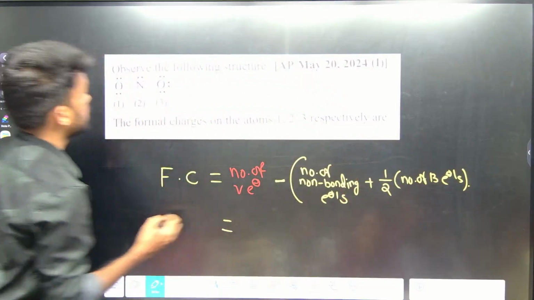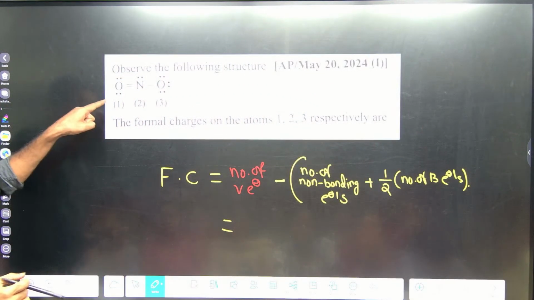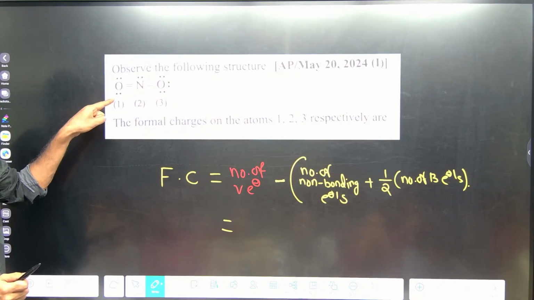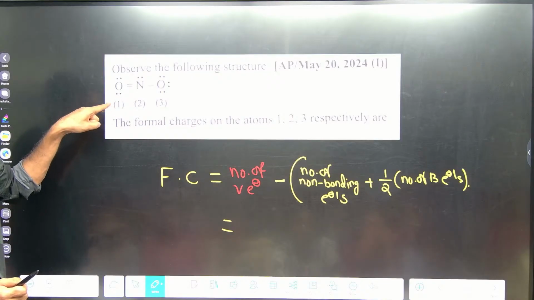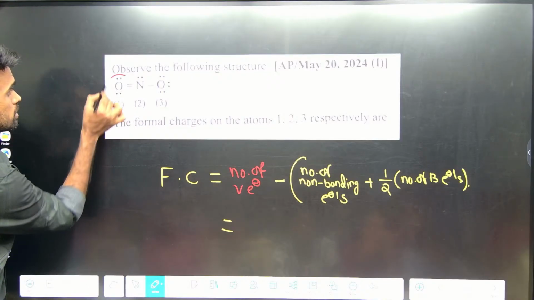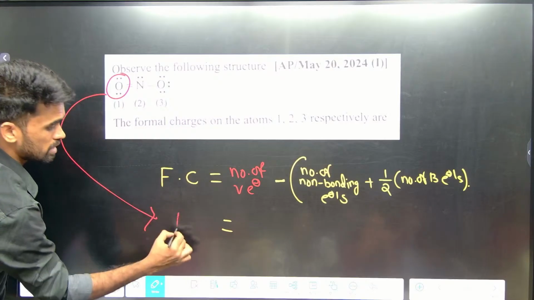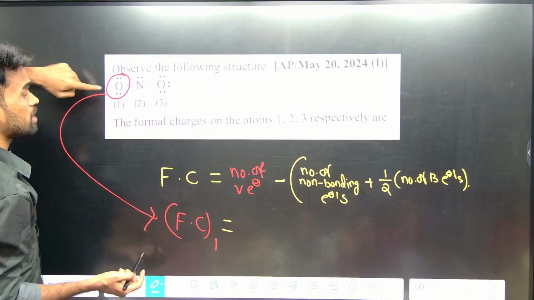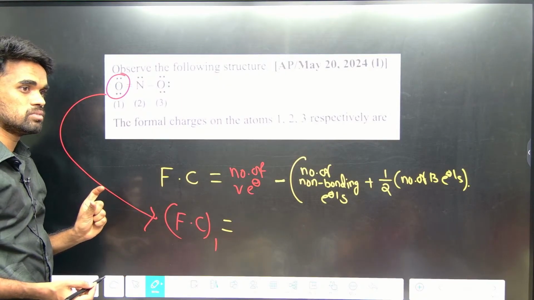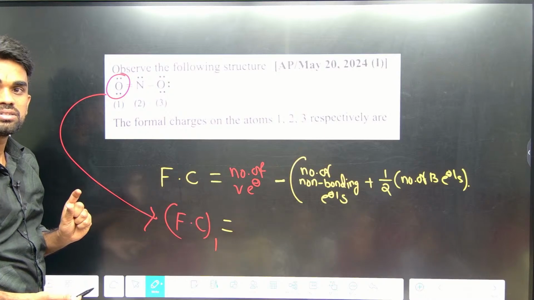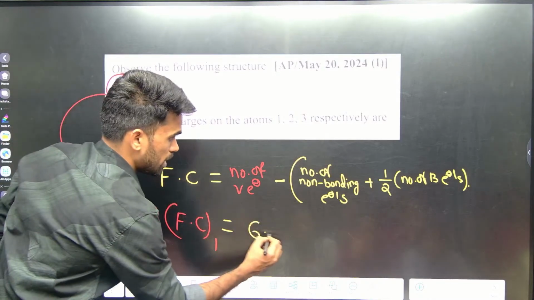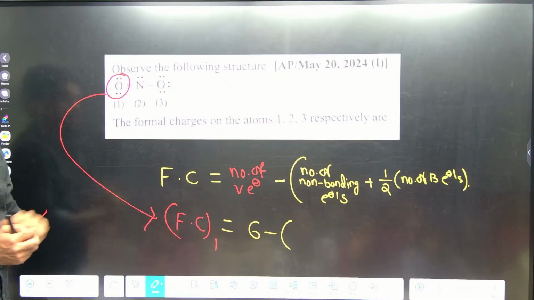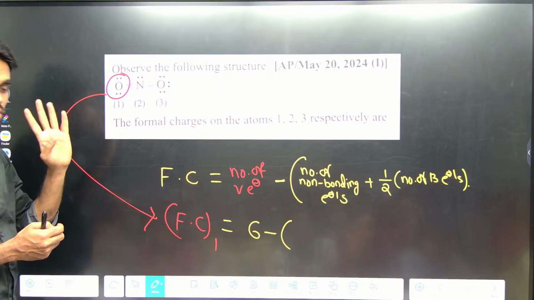For example, here, you tell me out of these three which atom I should calculate. Let us do it for the one indicated with number 1. This terminal oxygen: what is the formal charge of the first oxygen? How many valence electrons for an oxygen atom? 6. Minus, now in the structure, how many non-bonding electrons are there? 4, two dots and two dots. So 4 electrons.